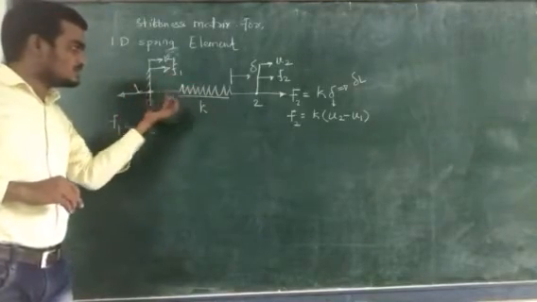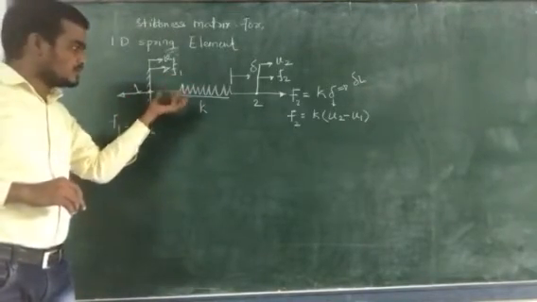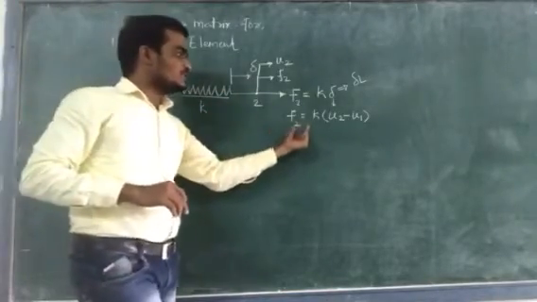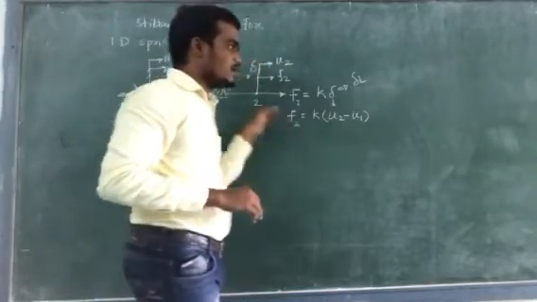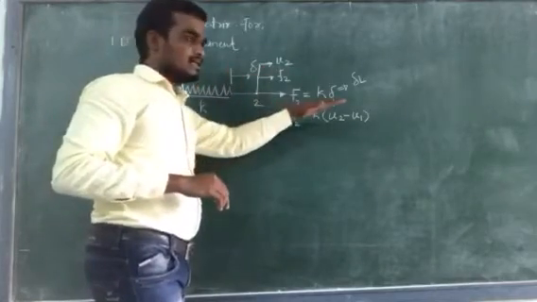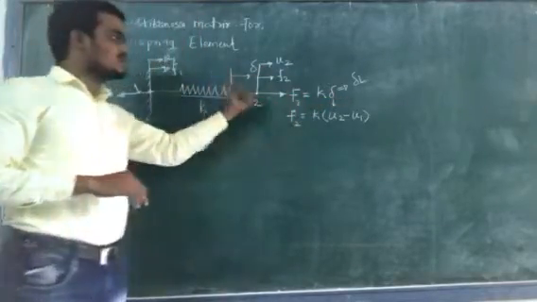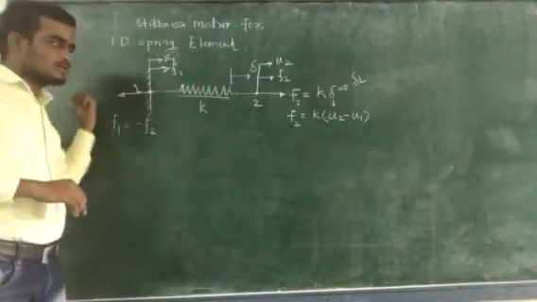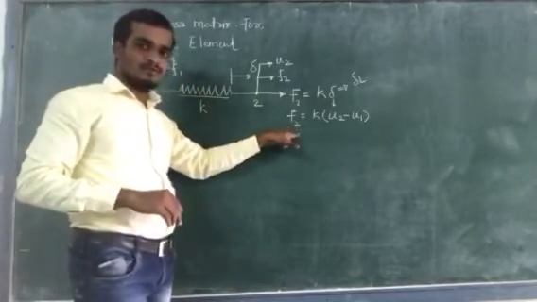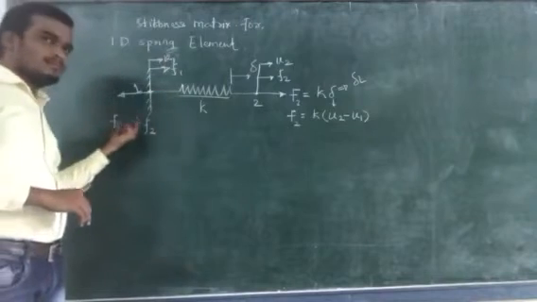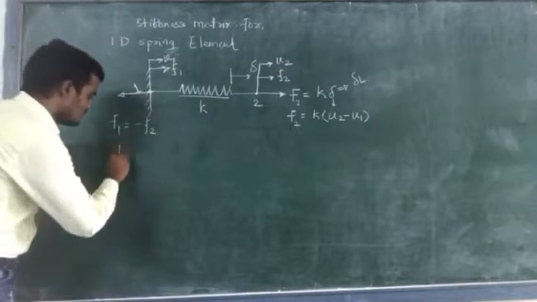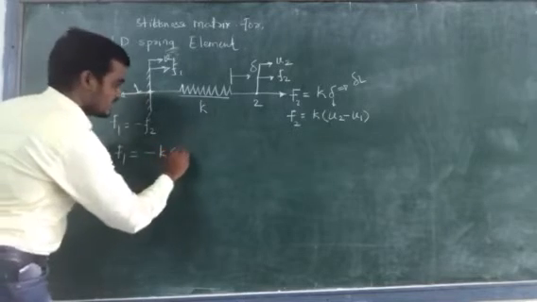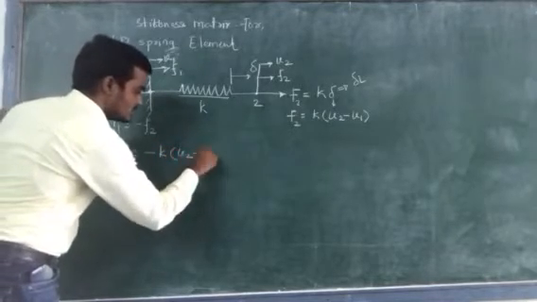This is actually for derivation purposes. If the force F2 is equal to K times U2 minus U1 acting at node 2 in the tensile direction, then the same amount of force must act at node 1 opposite to the direction of F2, so F1 will become minus F2. So F1 is equal to minus K times the bracket U2 minus U1.